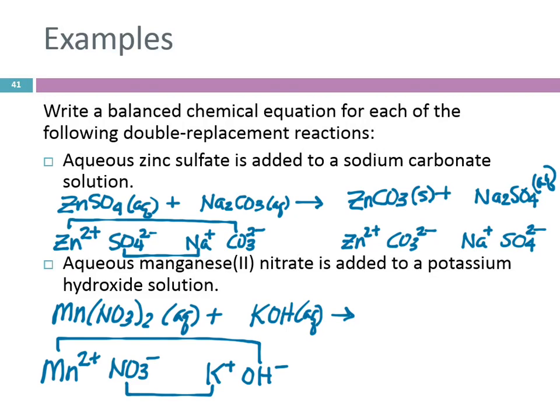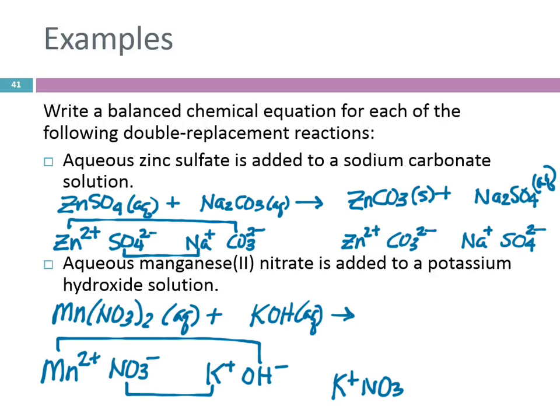So we would have, and it doesn't matter what order you put them in. Like up here, I put the zinc carbonate first. I could have put sodium sulfate first. That doesn't matter. It is very important, though, that zinc is with the anion. You have a positive ion and a negative ion.